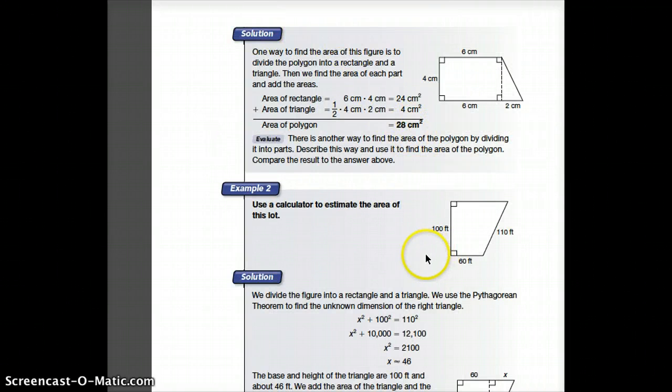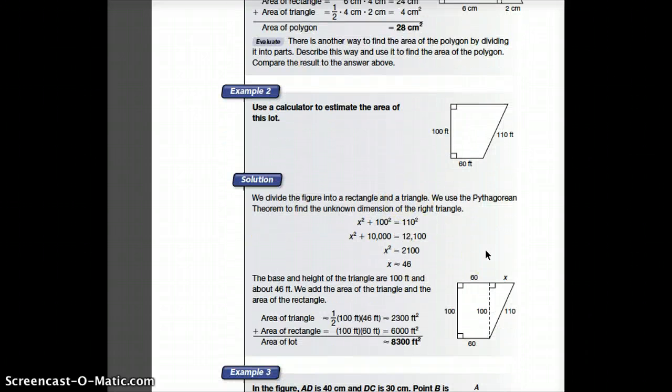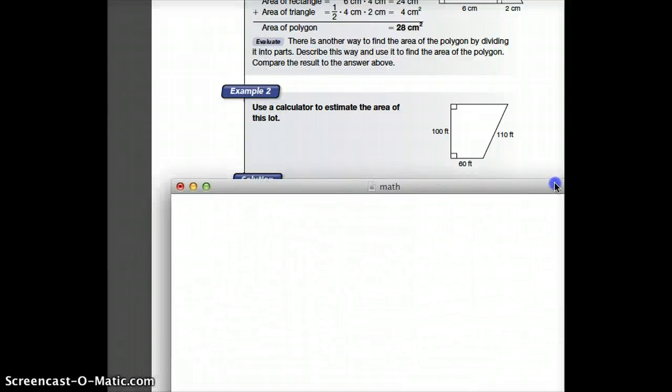28. Okay, now this one is a little bit different because you're going to have to use what's known as the Pythagorean theorem. I'll show you what that looks like. So we have our figure. Here's one side. Here's another.